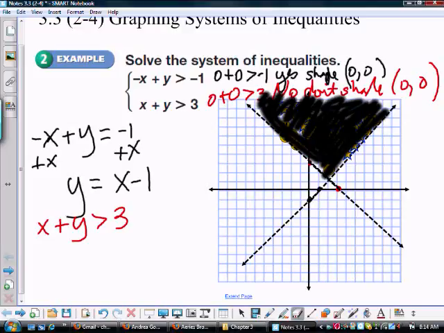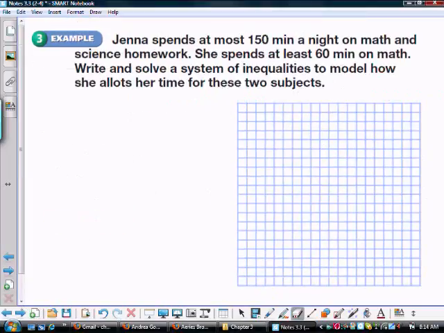All right, then let's try a word problem. Jenna spends at most 150 minutes a night on math and science homework. She spends at least 60 minutes on math. Write and solve a system of inequalities to model how she allots her time for these two subjects. If I'm going to solve this system of inequalities, I'm going to need to graph it.